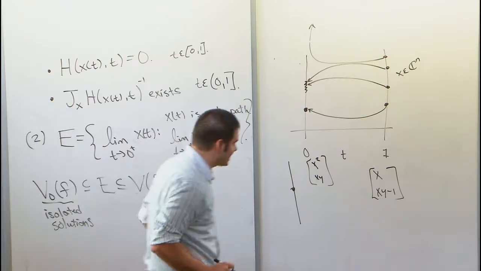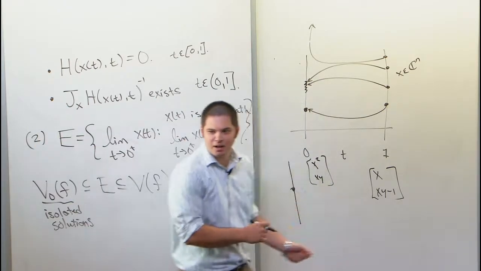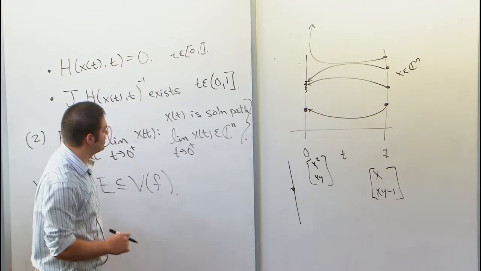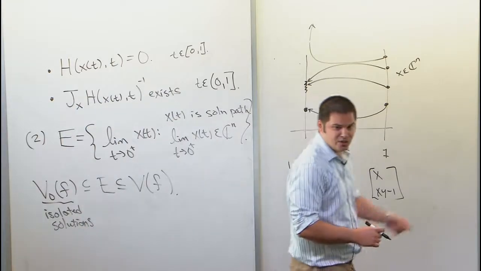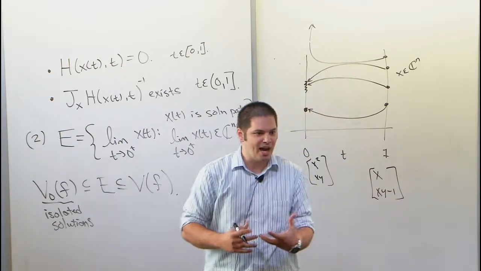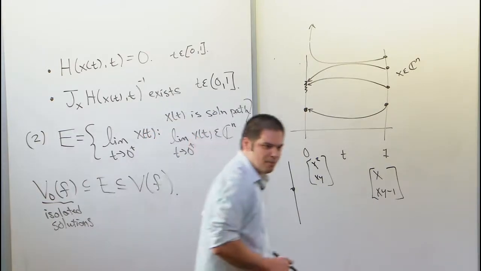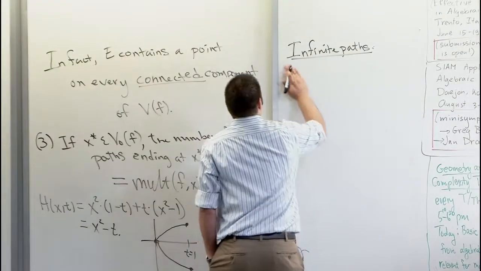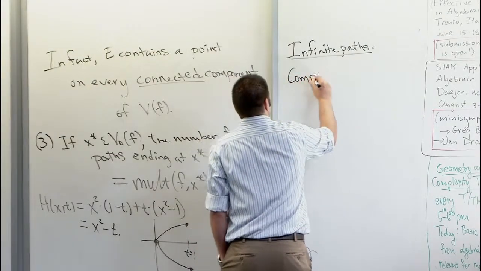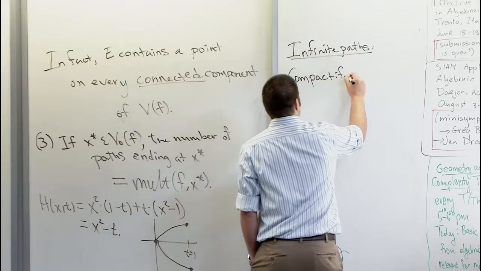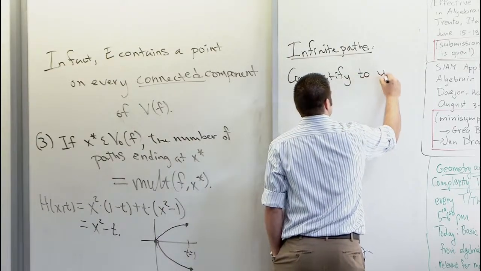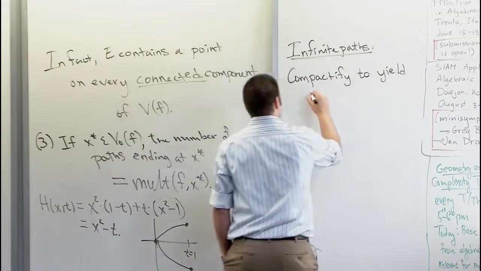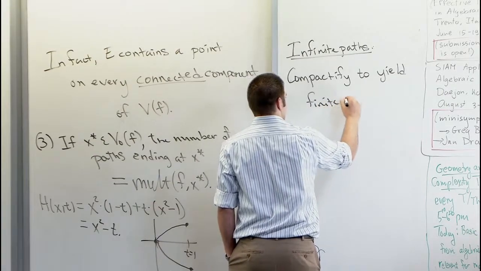My computer cannot do this. I'll be long dead before my computer ever reaches infinity. So how do I do this? Well, I transform my path into a compact path by going to projective space. So compactify to yield finite length paths.